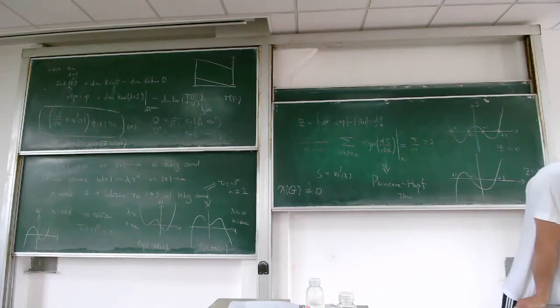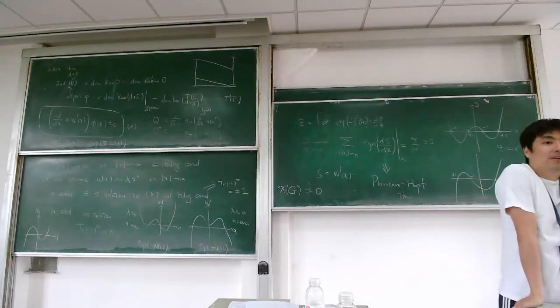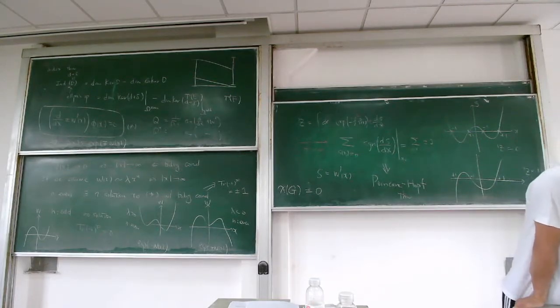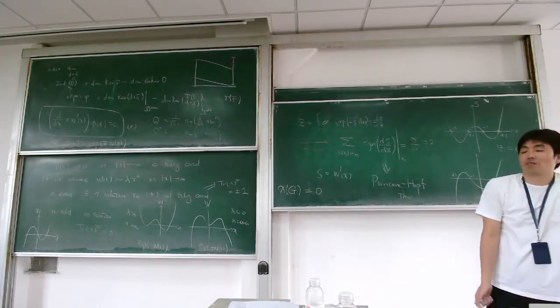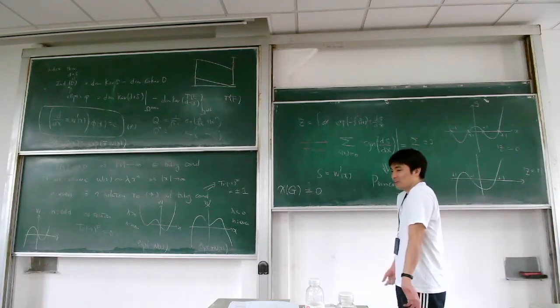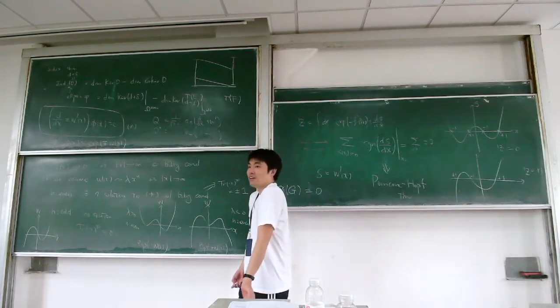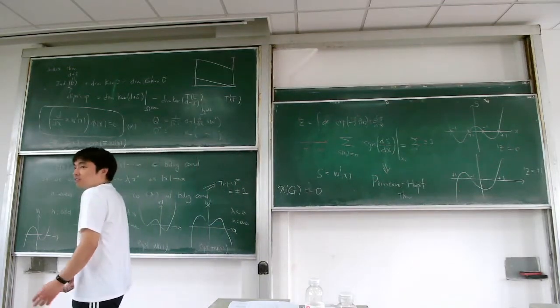Huh? What did you say? Just speak up, it's okay. Even if you make a mistake, why does it become zero? You guys solved the homework, right? Why does it become zero?